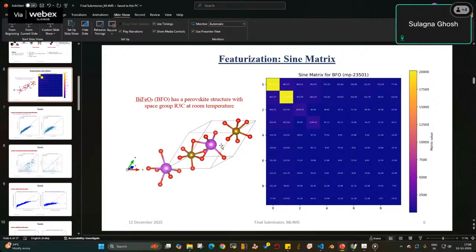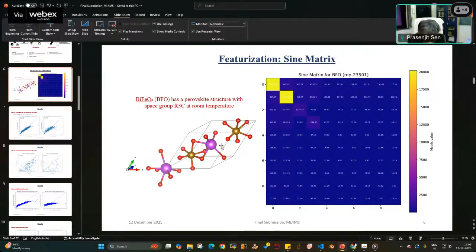But in this particular structure, there are 10 atoms within one unit cell, so this is 10 by 10. Then we found the eigenvalues of the matrix. What happened is that, other than the last few rows, the others were 0.